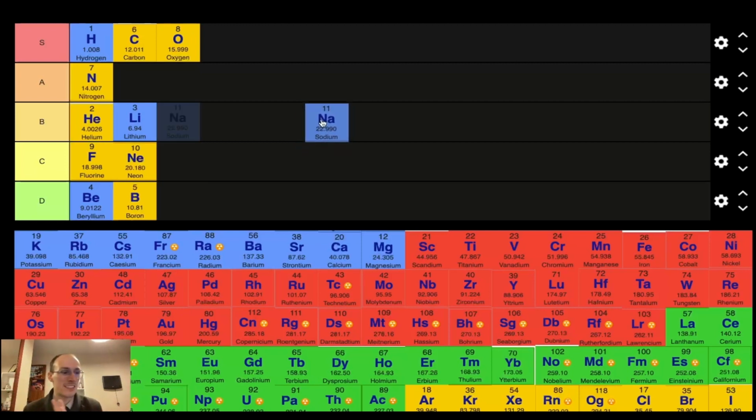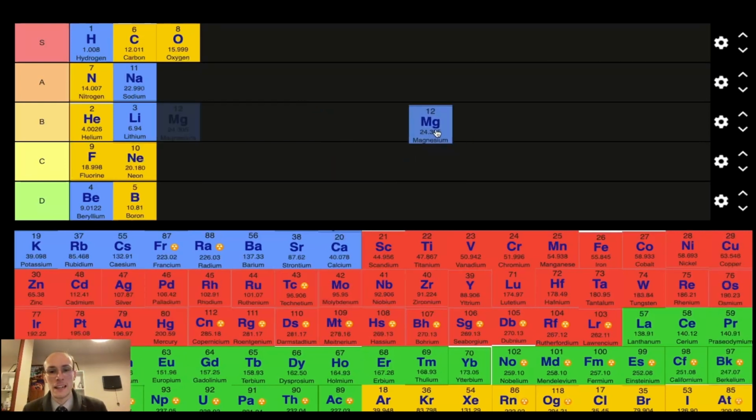There are sodium-potassium ion channels in almost all organ systems of the body. I think that makes sodium, we wouldn't be able to function without sodium. So I think sodium can go in the A section.